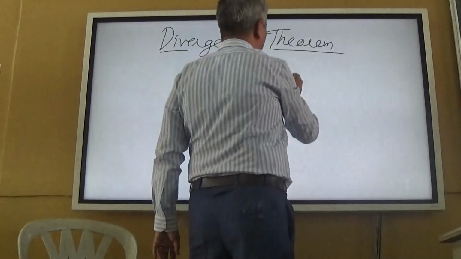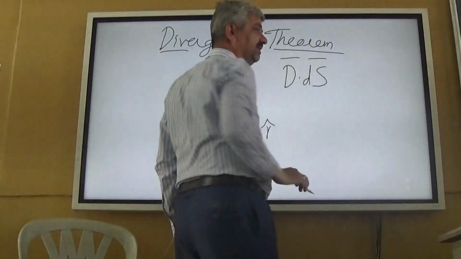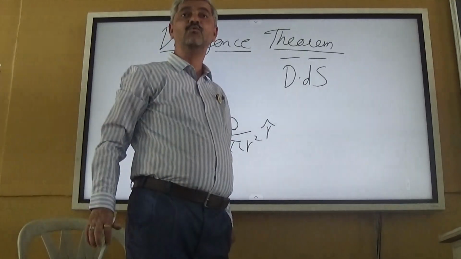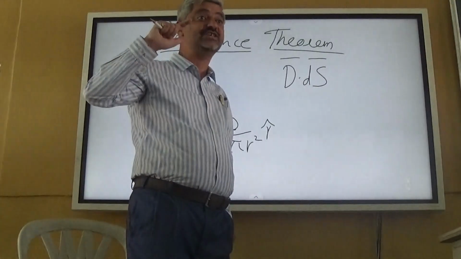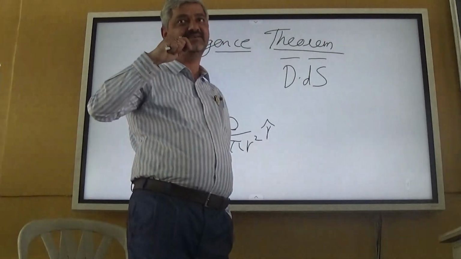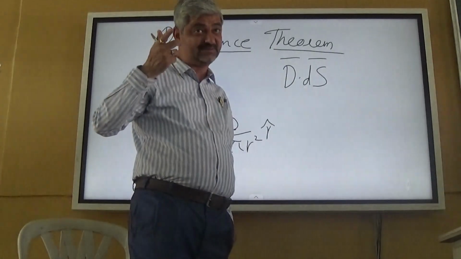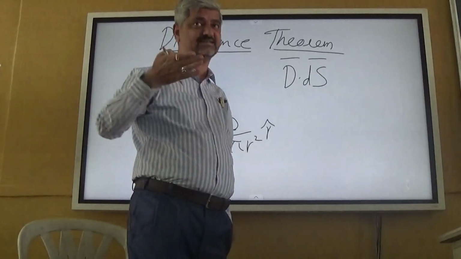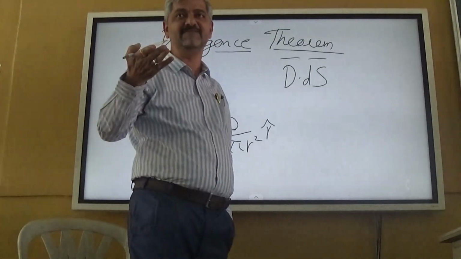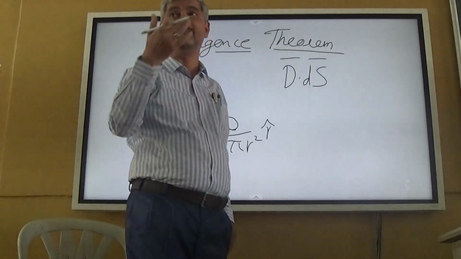So what would be D dot dS? What will be the direction of that curly surface? Those who think something, for those who don't think, the things are very simple in a way; for those who think, things become too complex.